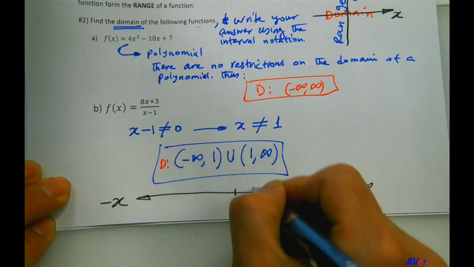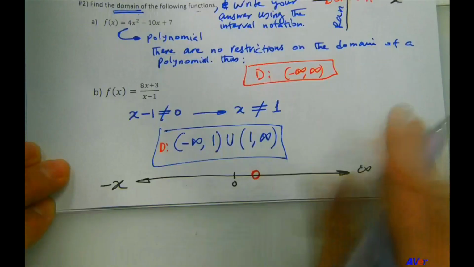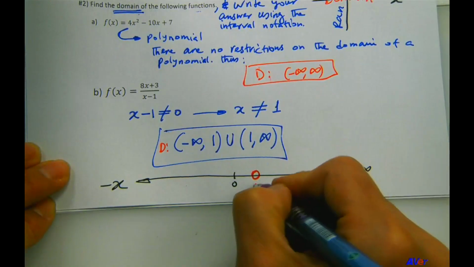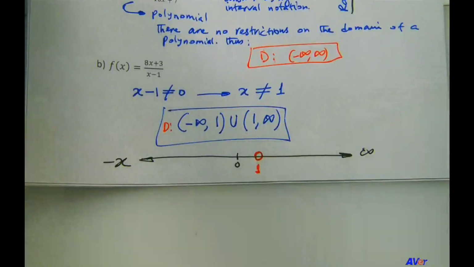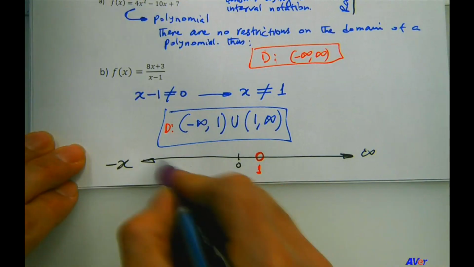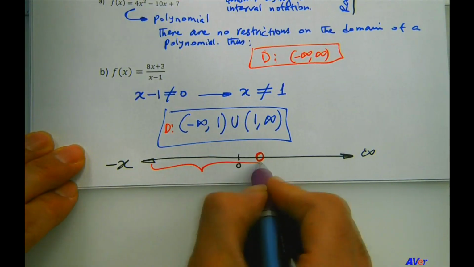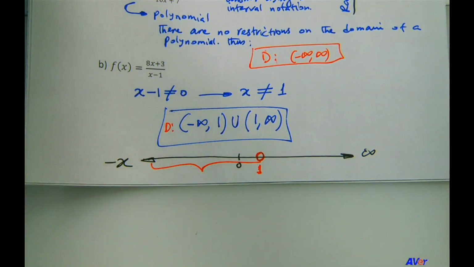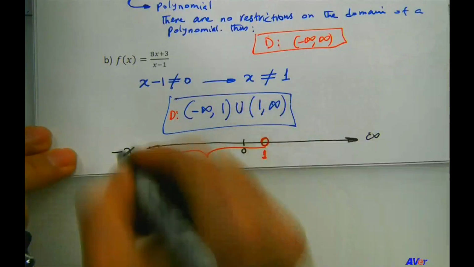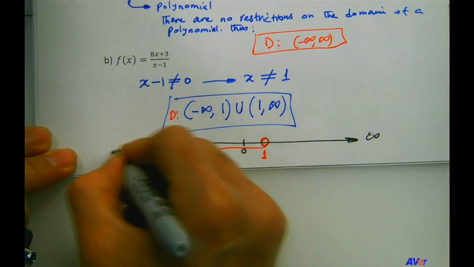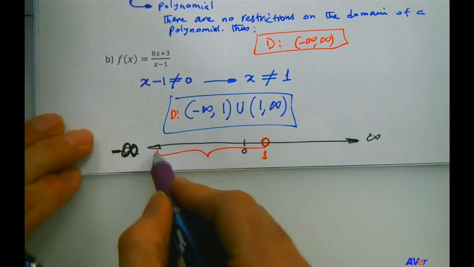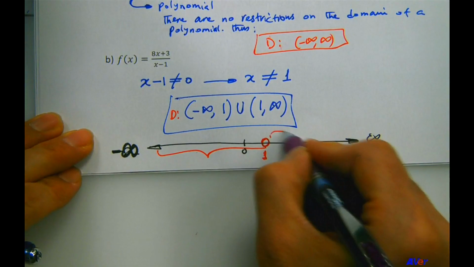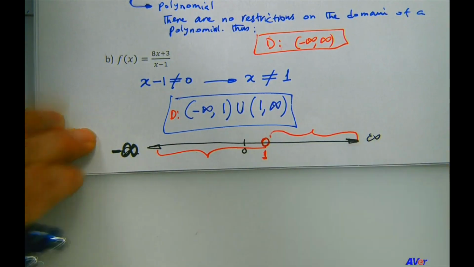So if 1 is here, we're going to have a hollow circle there at 1. So domain then is everything except 1. So from here to here, sorry, this should be minus infinity to infinity. This should be minus infinity. So we have from here to 1, and then we have here again to this spot.